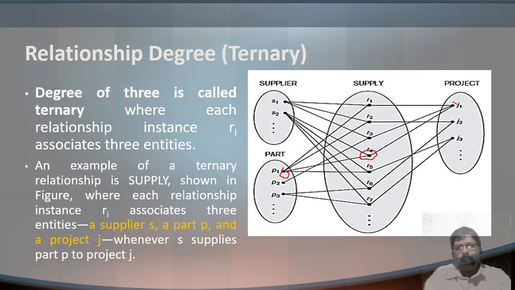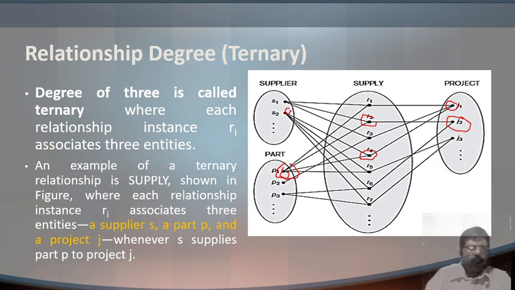So the supplier S2 is in relationship with both the project J1 entity and the part P1. Similarly, if you take this S1, it is in relationship with project J2, and he is also in relationship with P1.